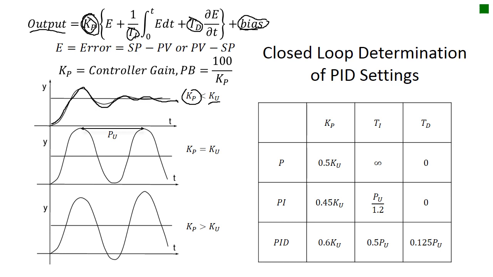Then we'll increase our gain some more. What we're going to do is try to find the proper gain such that we get a uniform oscillation above and below the set point.